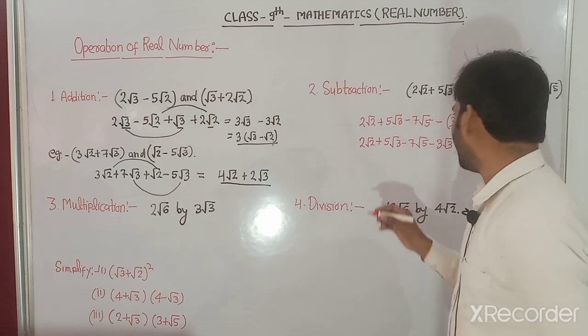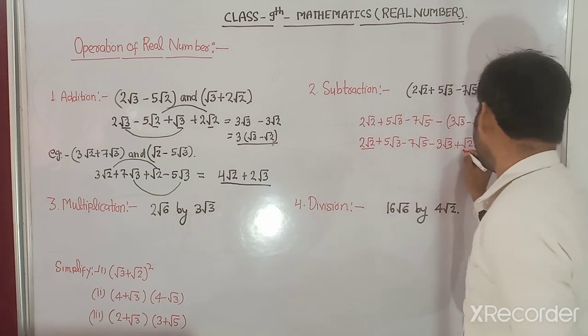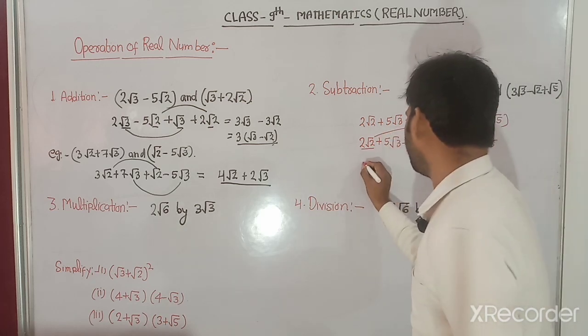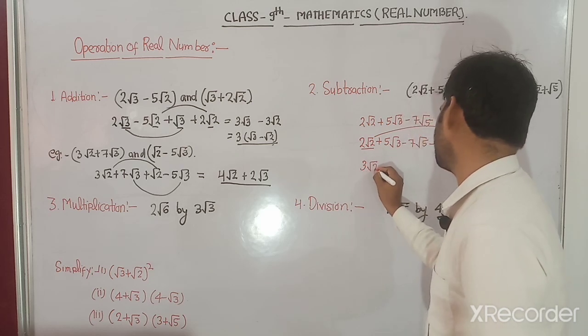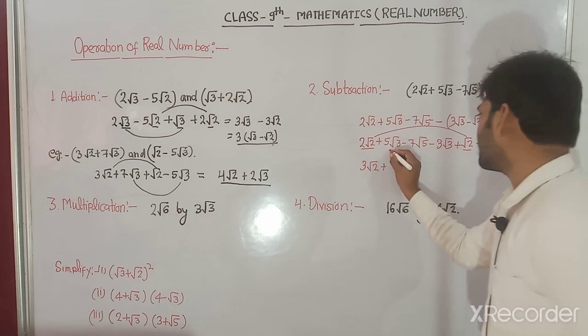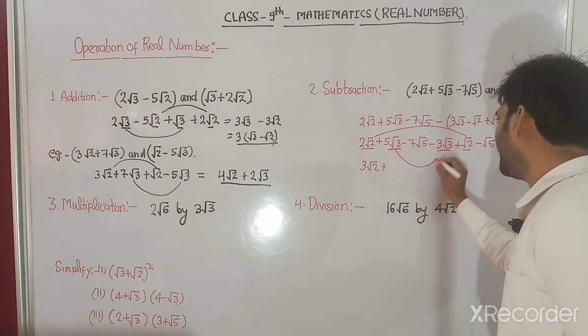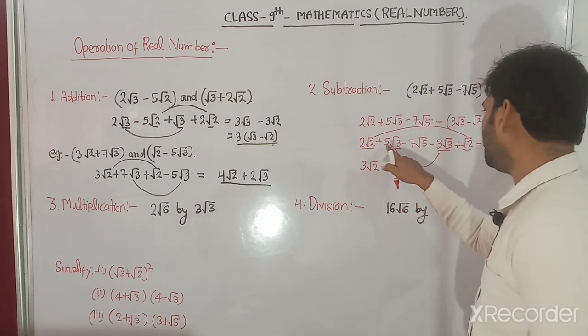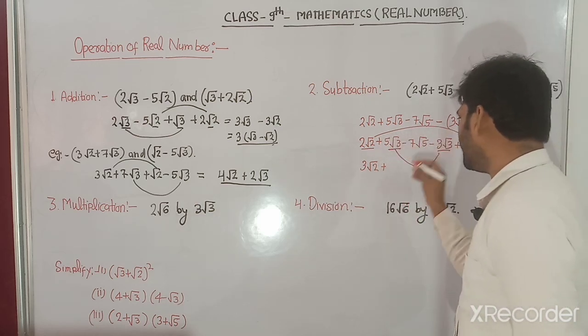Then the like terms are root 2 and root 2. Adding 2 root 2 plus root 2, the answer will be 3 root 2. Second, root 3 and root 3 are like terms. Adding 5 root 3 minus 3 root 3, the answer will be 2 root 3.